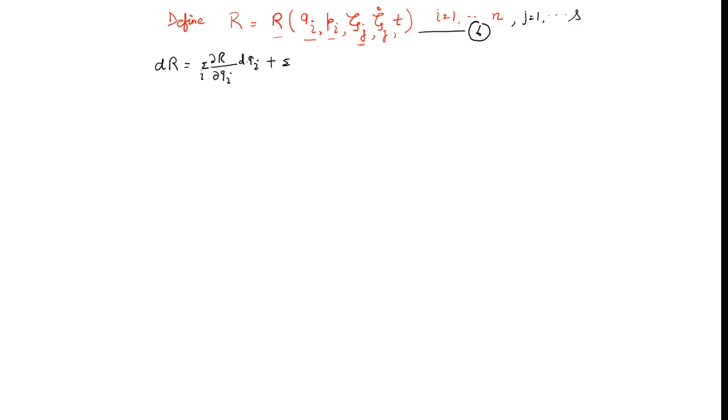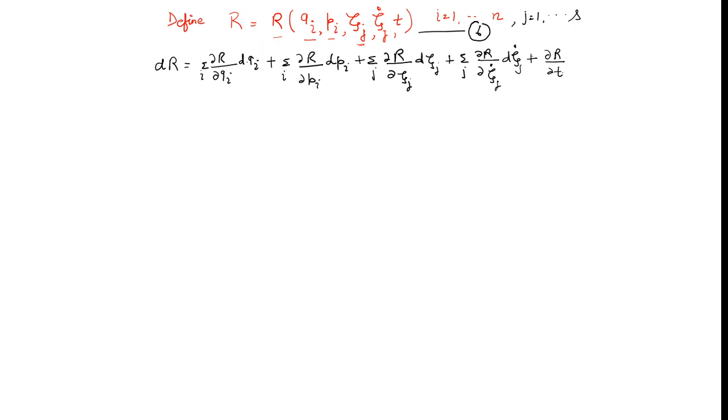Then derivative of R with respect to pi, dpi, summation, derivative of R with respect to zeta j, d zeta j, derivative of R with respect to zeta j dot, d zeta j dot, plus derivative of R with respect to time. This is summation for i, this is for j, this is for j.